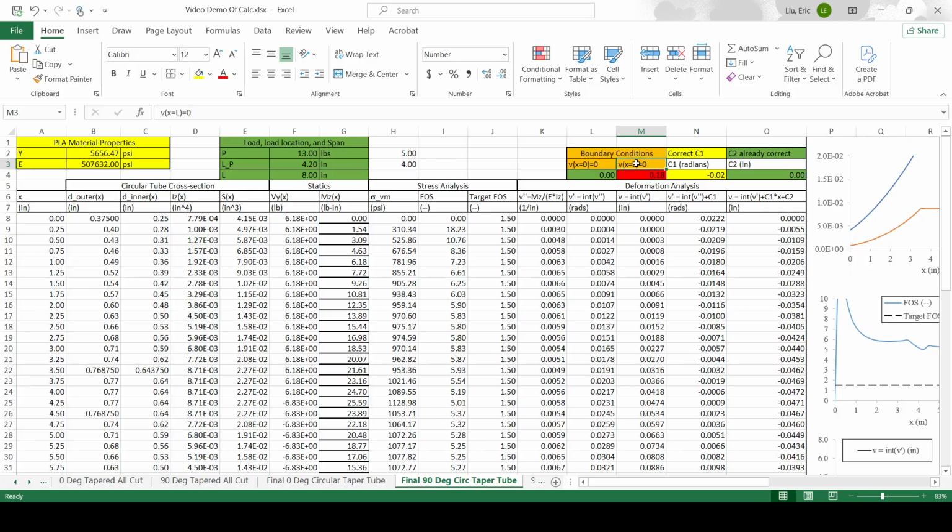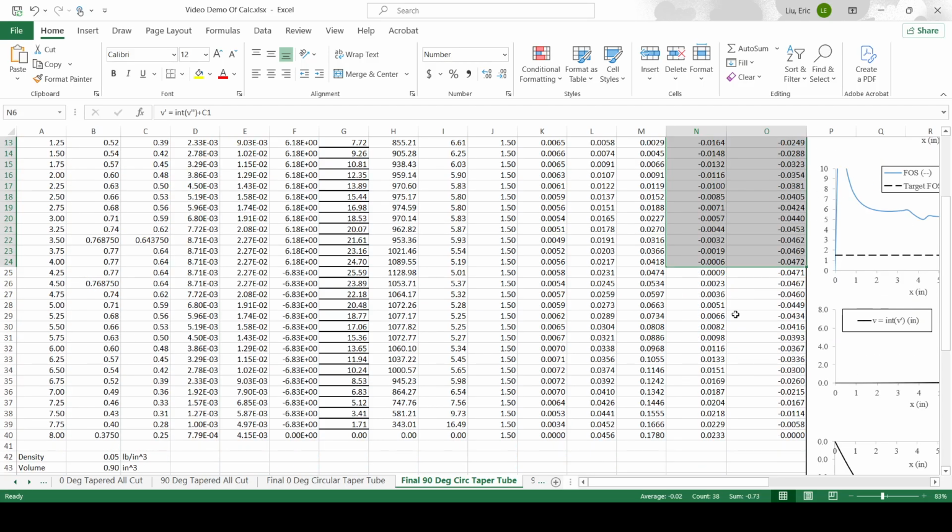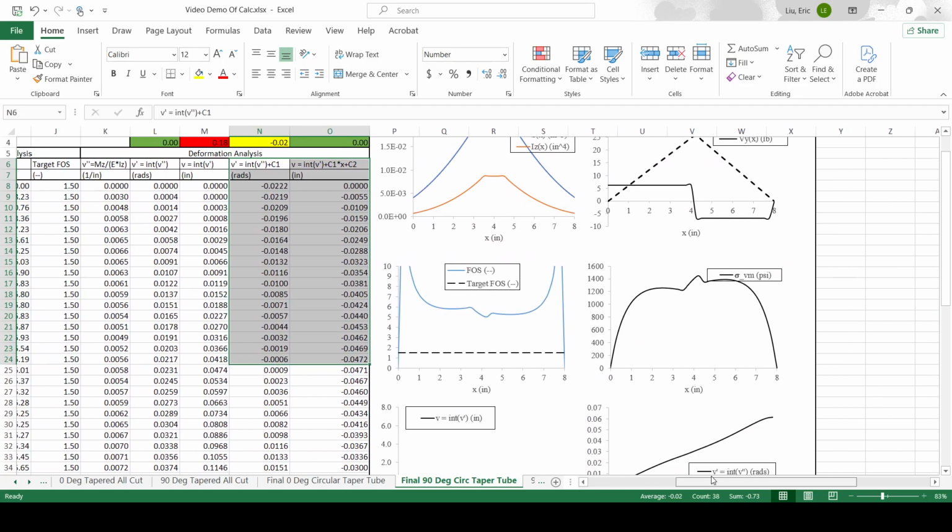And then it's where we plug in L into this equation so that we can get C1. And for this lab, C2 is 0 because we always satisfy this condition right here. So yeah, this is with in consideration the constants, and then now we can look at the graph.